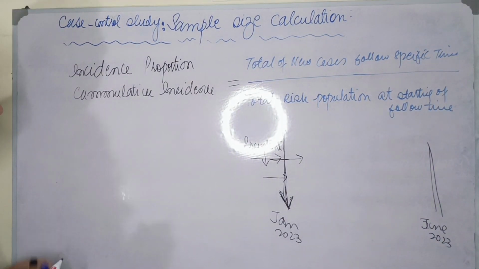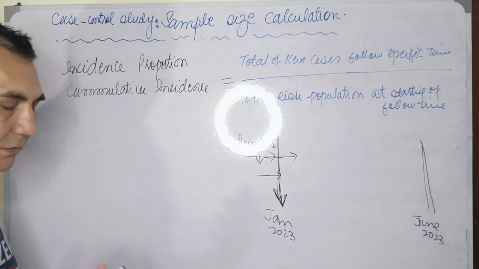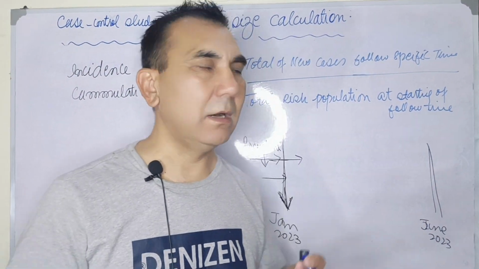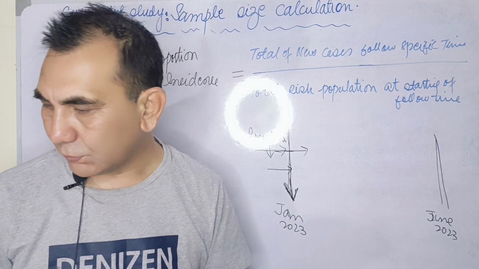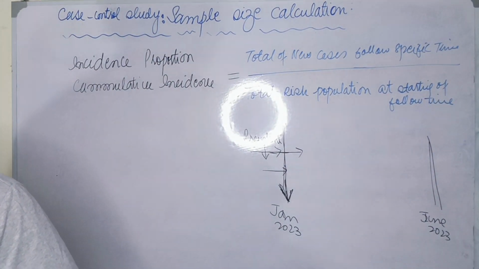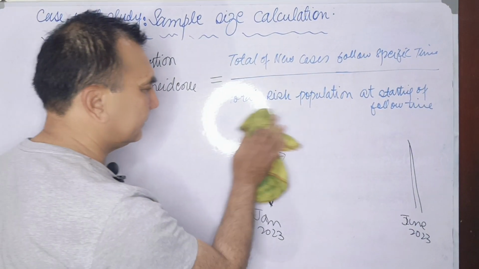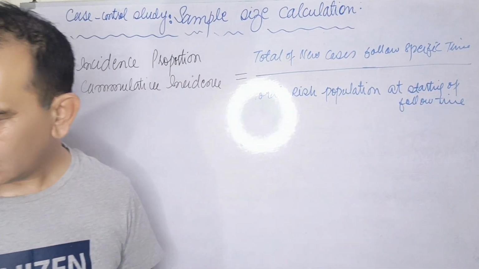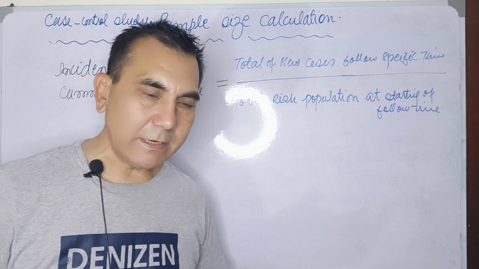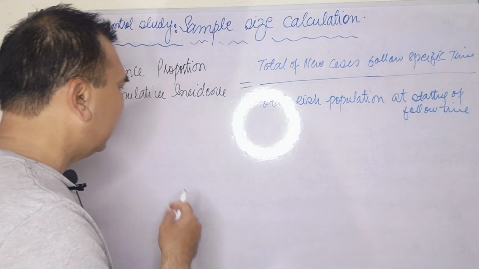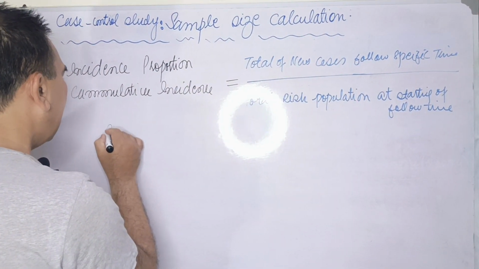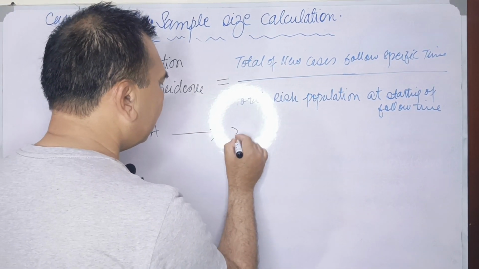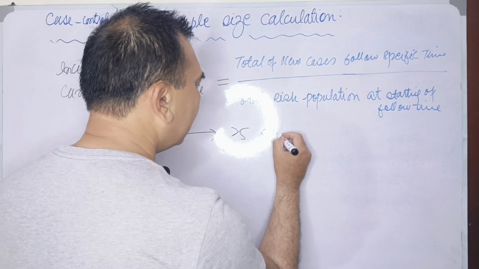Let me solve this formula for you with an example. Suppose in a school class A there are 25 students.